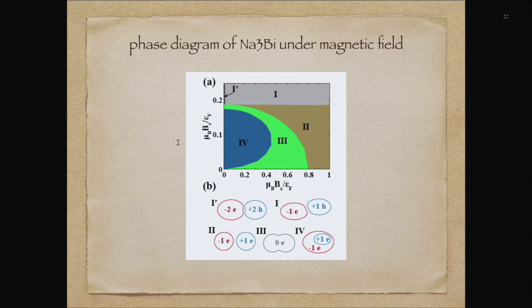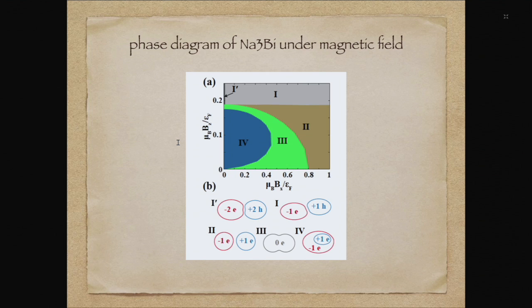Before we apply the magnetic field, the system has a small non-zero chemical potential. That is to say, the chemical potential is not exactly at the Dirac point. What the Zeeman effect does is split these two Weyl points, because before they sat on top of each other.